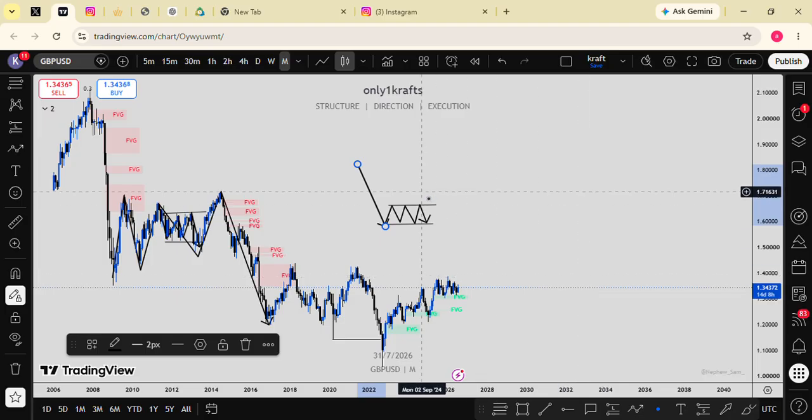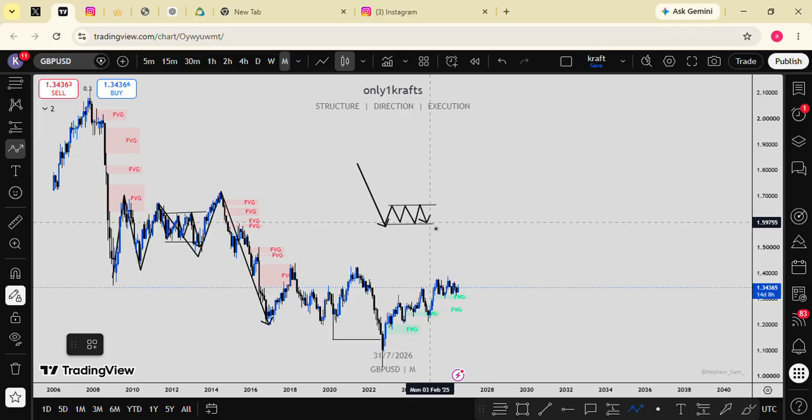Continue in its previous direction, meaning it will come back to this point and sweep the liquidity at this point, because don't forget there is liquidity accumulated at this point already, right? Before price continues going down, it must sweep out the liquidity at this point before it continues itself.